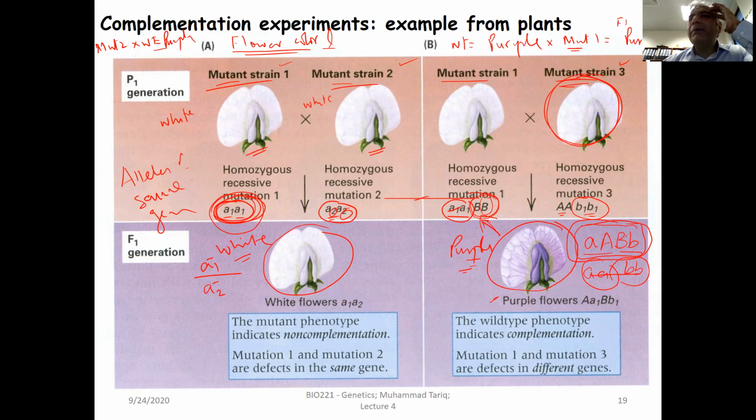But when you are getting purple, to solve this one, this is a dihybrid state now, independent genes. So you are trying to solve, when I carry homozygous recessive A1 crossed to homozygous recessive B1, how can I get purple phenotype, this one?